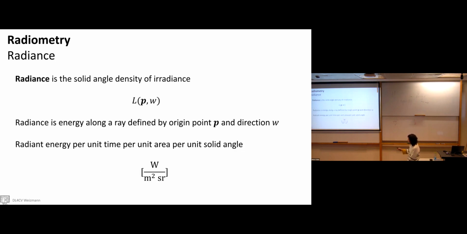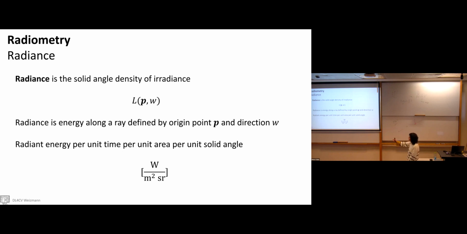So what is radiance? Radiance is the steradian density of irradiance. What do I mean by that? You have a point in space, and you have a direction, and for this, you say how much energy I have from this point in this direction. And the energy is going to be constant along this way, okay? This is what is written here.